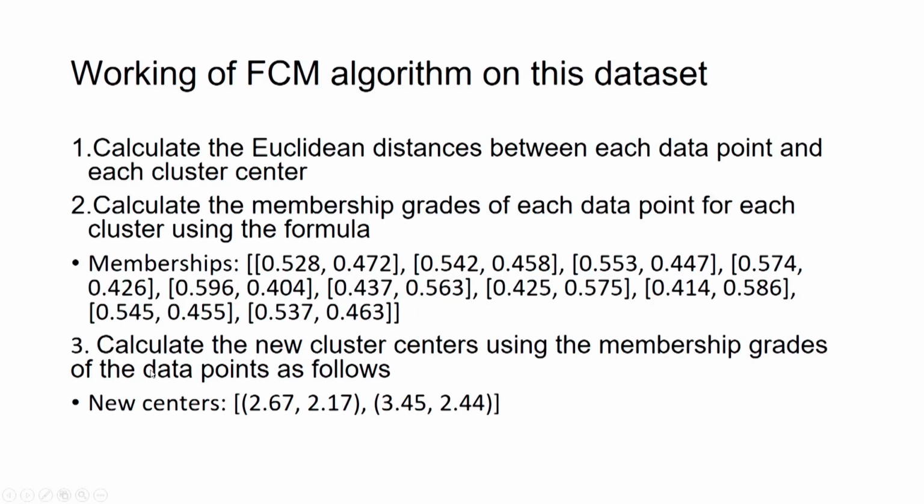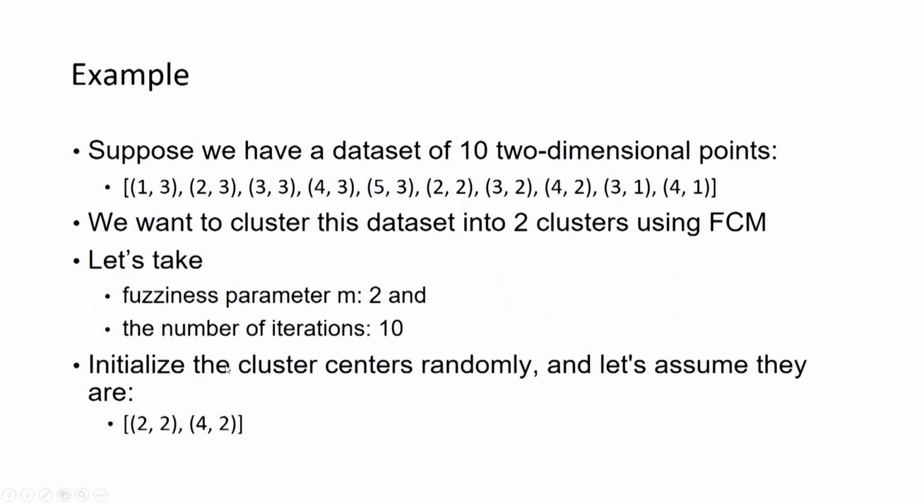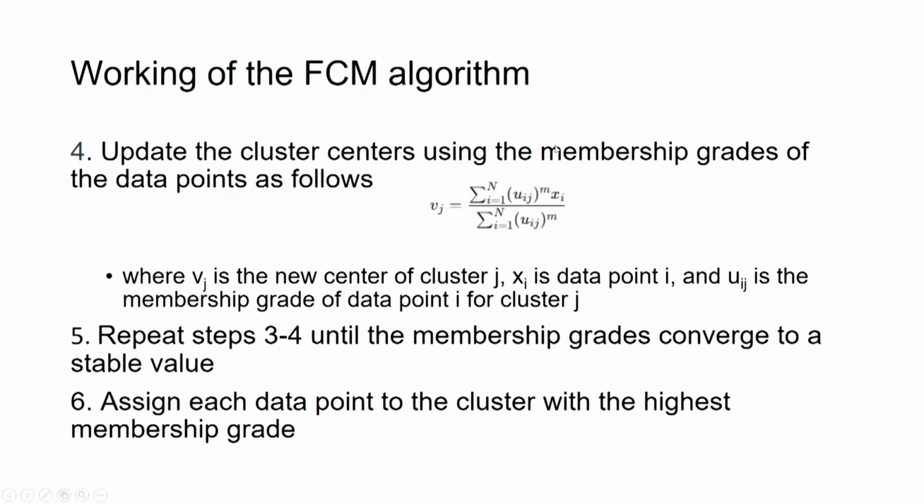After calculating the membership grade for each data point for all the clusters, we will need to calculate new cluster centers. How will we calculate them? Using these membership values and all the data points, with this formula.